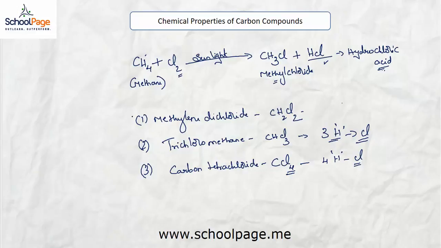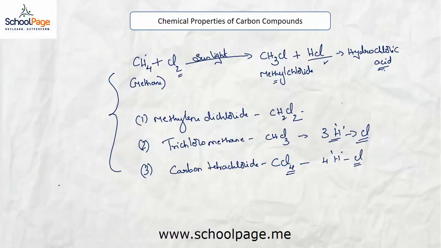Now what we are seeing in all these reactions is the replacement of hydrogen atoms by chlorine atoms. We see that the hydrogen atom of methane is being replaced by an atom of a different element, and in this case it's the chlorine element.